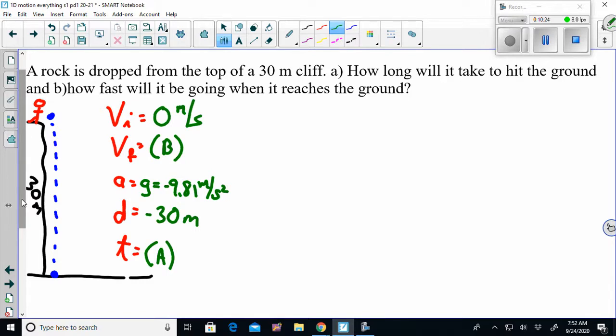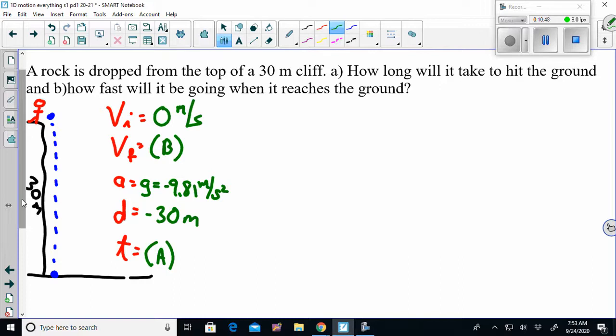Right? Its total displacement starts at the top. Even if you called the ground the reference point, it started at positive 30 then and wound up at 0. It has a negative displacement of 30. If you call the top the reference point, it starts at 0, and when it hits the ground, it has a displacement of negative 30. So the displacement's negative 30.